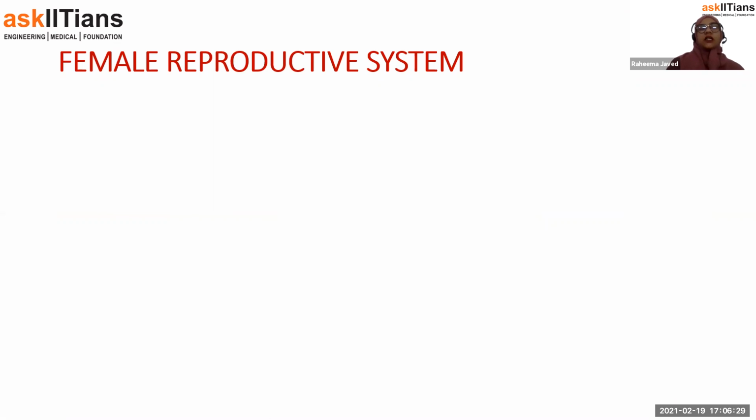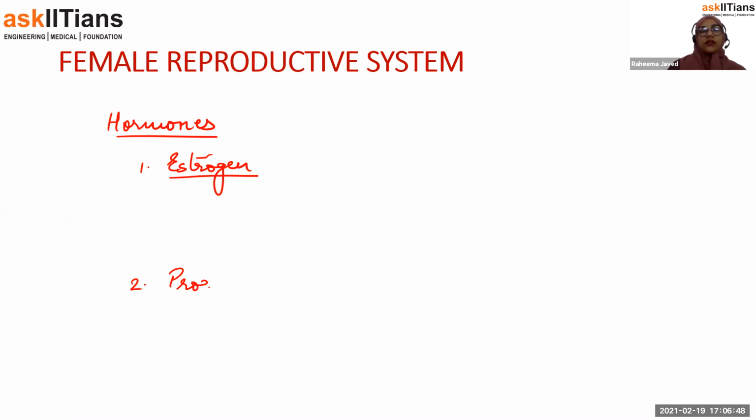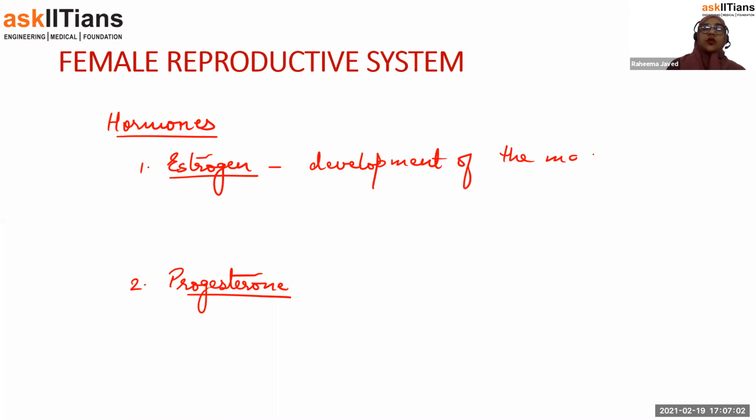In the female reproductive system, here I want to focus more on the hormones. The first hormone that I told you is estrogen, and the second hormone is progesterone. The first hormone is basically involved in the development of the mature eggs.